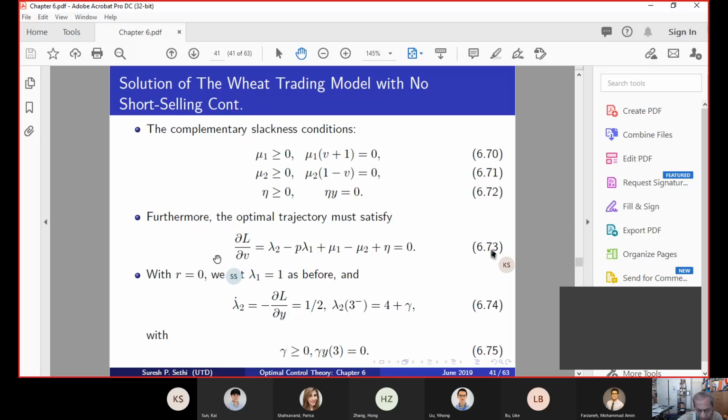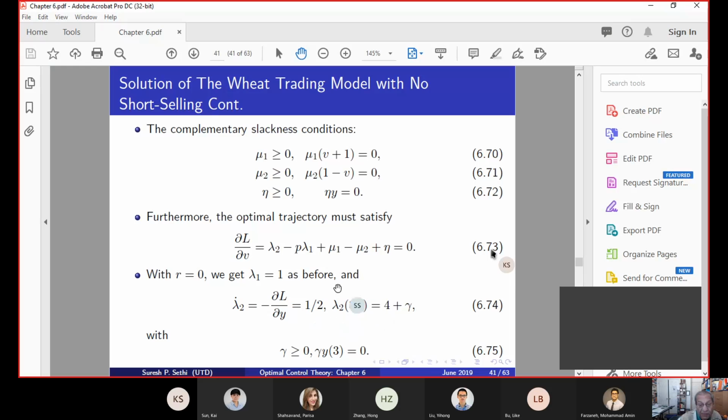Partial L partial V is the first order condition of the Lagrangian, rather than maximizing the Hamiltonian subject to constraint, and it is equal to 0. And with r equal to 0 and lambda 1 equal to 1, lambda 2 dot is half.